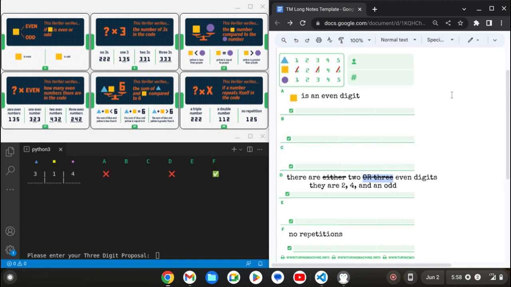But if the sum is 6, meaning it's some order of 2 and 4, I don't see anything in the other criteria cards that would tell us definitively whether triangle is 2 and square 4, or vice versa, where triangle is 4 and square is 2. I don't see anything that would order it and then force circle to be the odd.